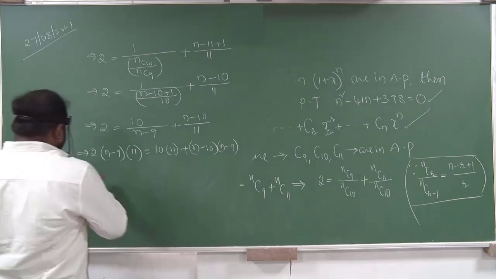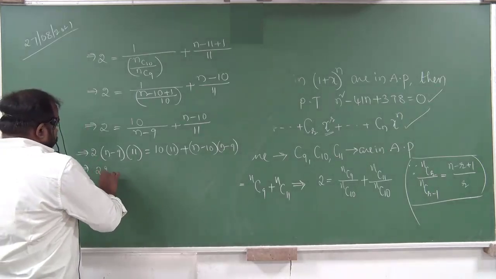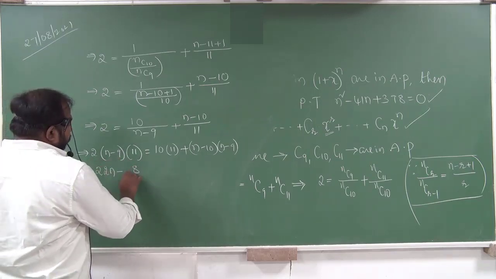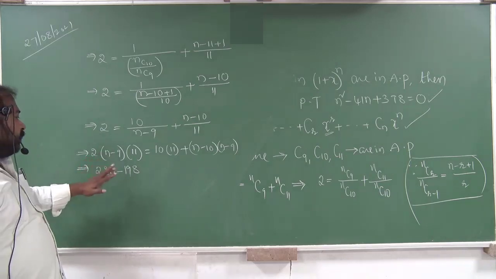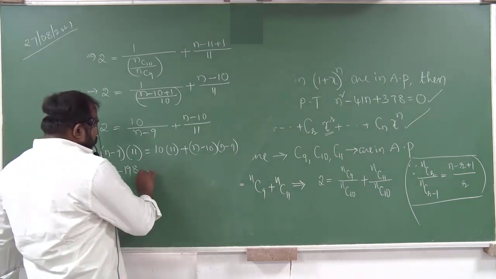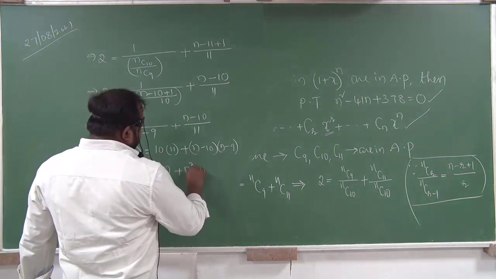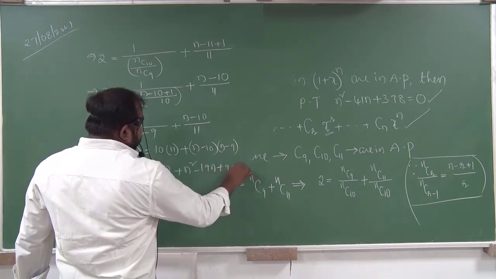Simplify. Here 2 into 11 is 22, so 22n minus 22 into 9, which is 198. Equal to, on this side, 110 plus n square minus 19n plus 90.